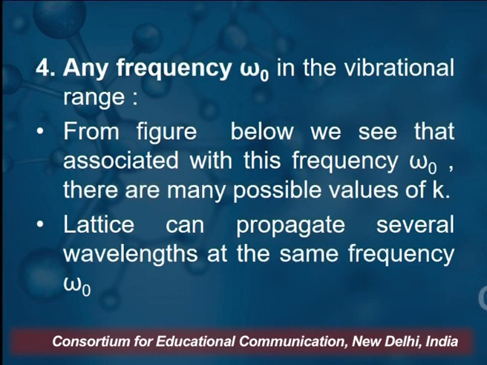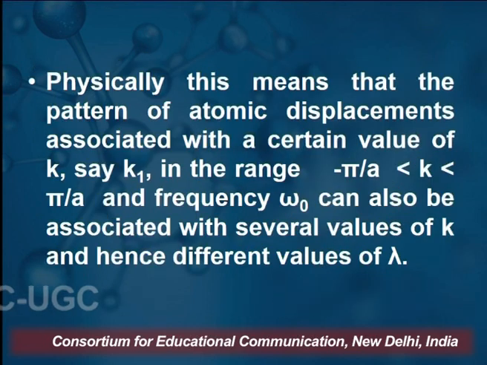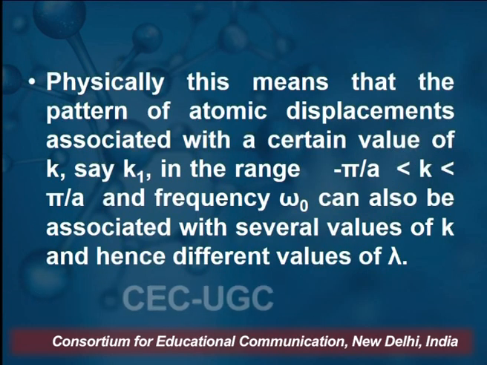We see that there will be many possible values of k for each value of omega naught. That means that the lattice can propagate several wavelengths at the same frequency omega naught.